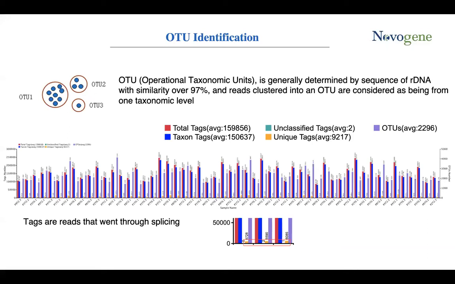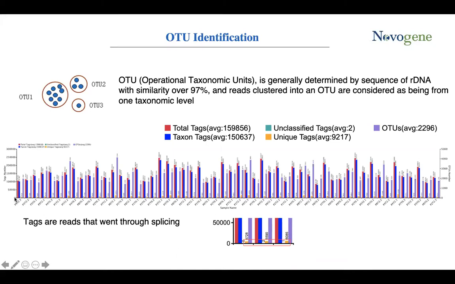And in the process of constructing OTUs, the basic information of different samples was collected, such as tags, reads that went through splicing after sequencing.